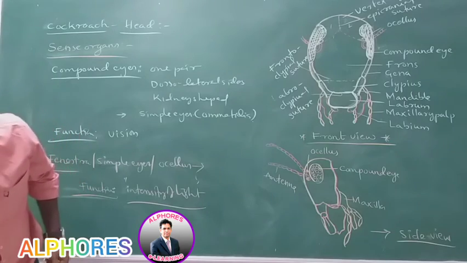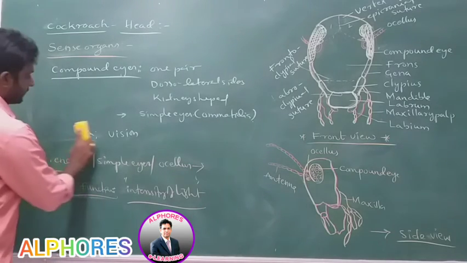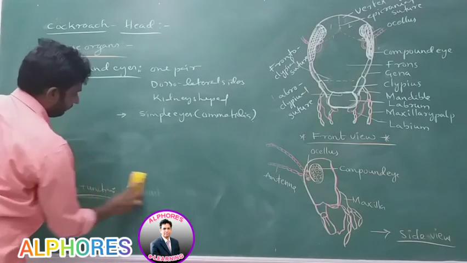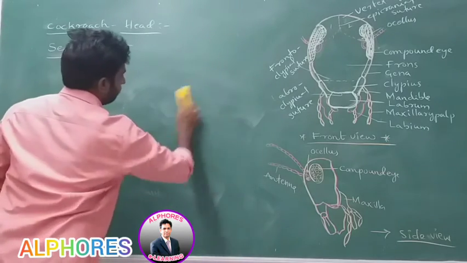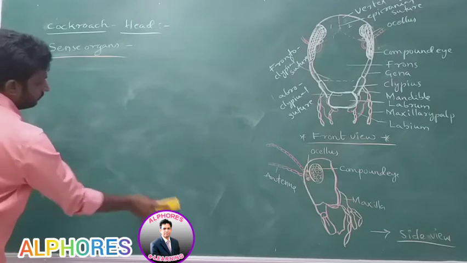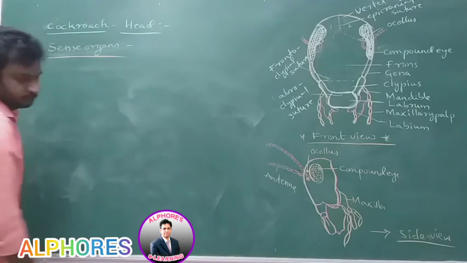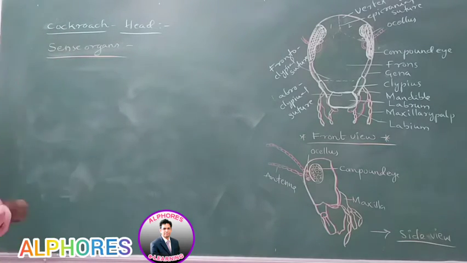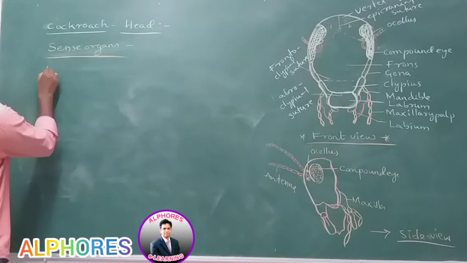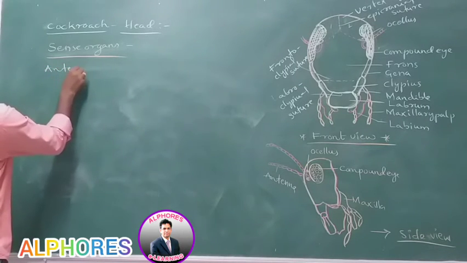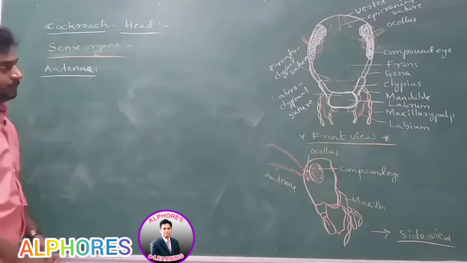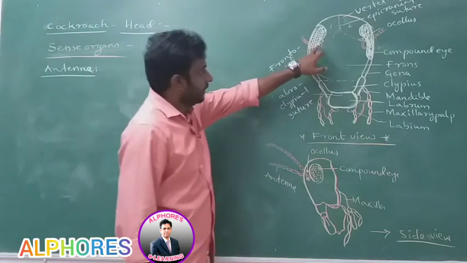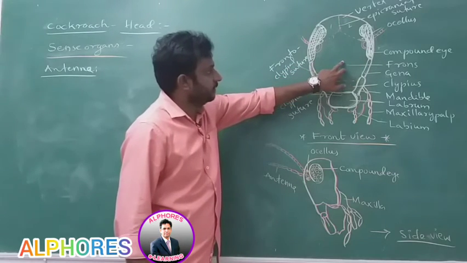Next, the third type of sense organs: the antennae. The antennae arise from the frons.